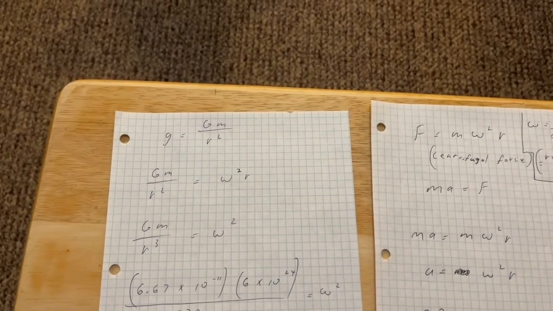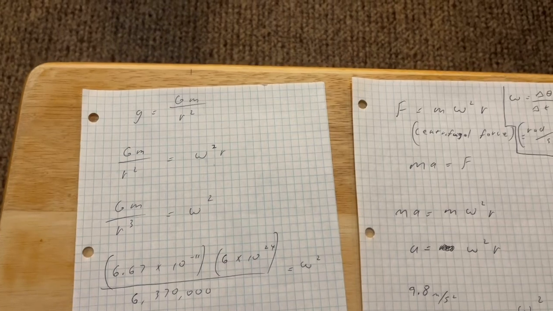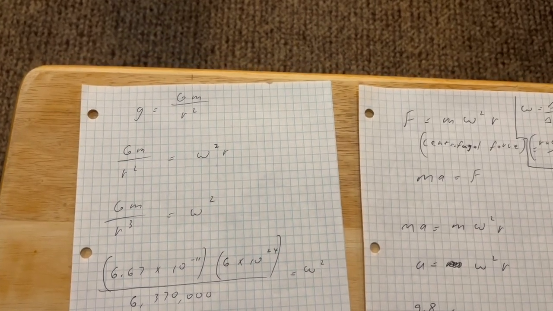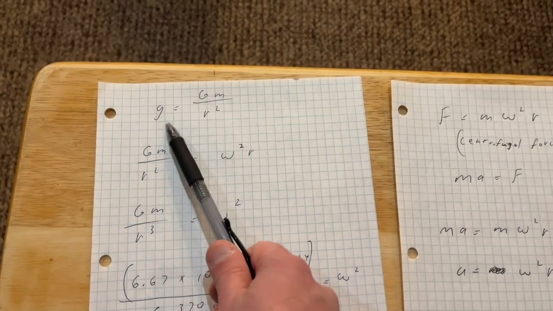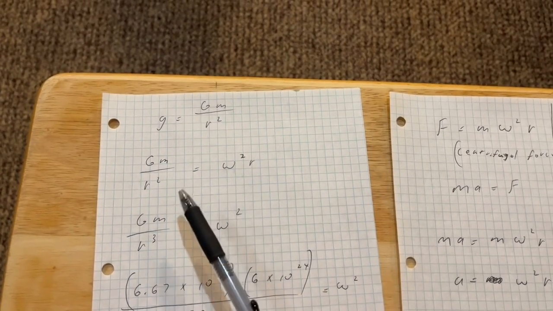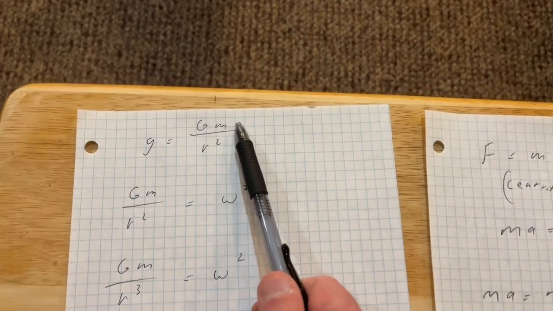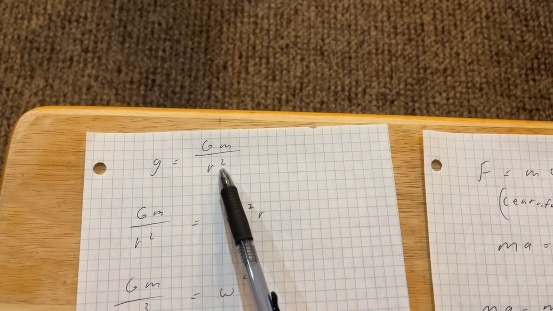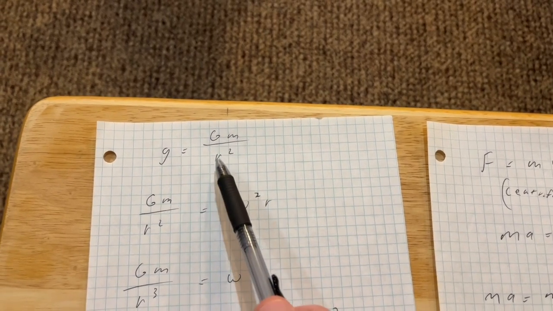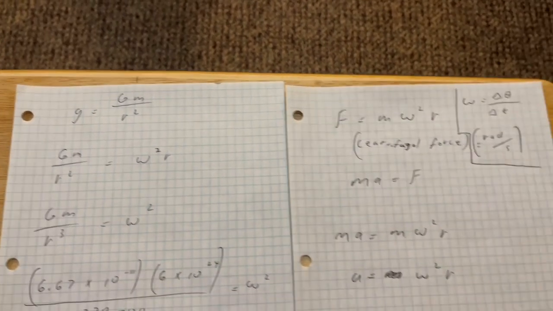I like to do problems as many ways as possible to make sure I fully understand it, and as a way to check my work to make sure I didn't make any mistakes. So we can find the acceleration of gravity as a different way to do this. Acceleration of gravity is your gravitational constant G times the mass of the Earth, over radius squared, which will be the radius of the Earth. Set this equal to omega squared r.